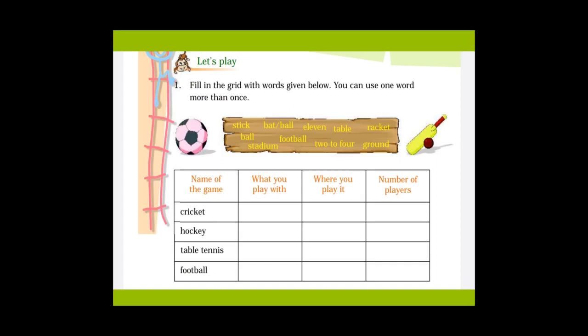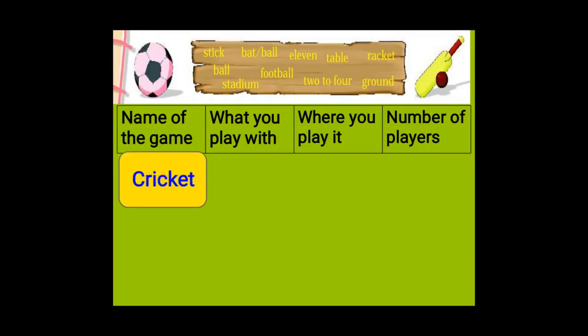So let's begin doing it one by one. So our first game is cricket. So this is our help box and you have to write these three columns.